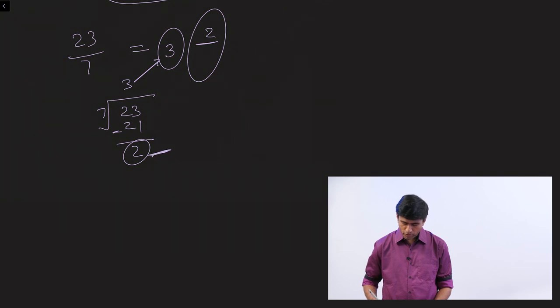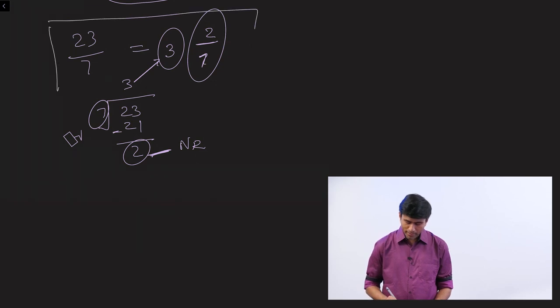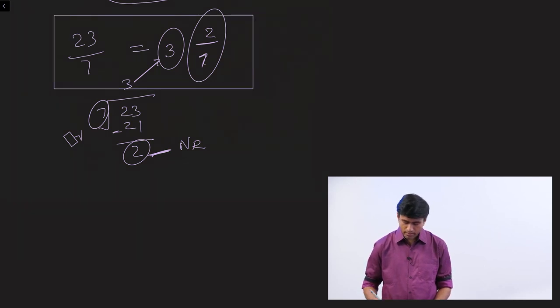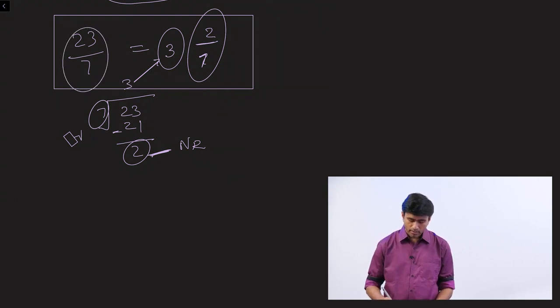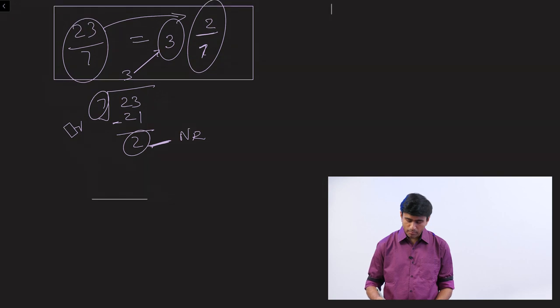And what comes in the denominator? 7. So 23 by 7 can be written as 3 2 by 7. This is how you convert an improper fraction into a mixed fraction.